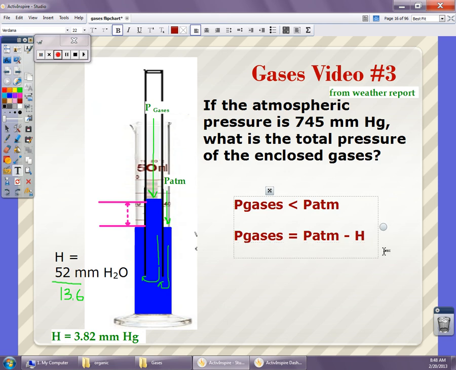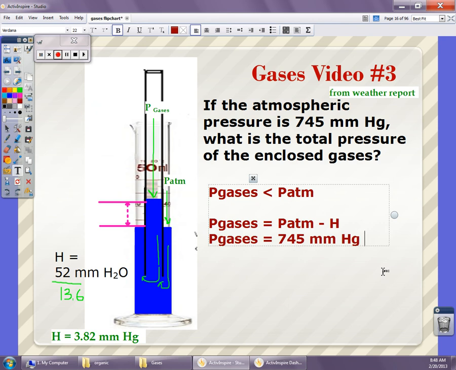So now we're going to plug in our values. Pressure of the gas equals the 745 millimeters of Hg, which we had from the atmosphere up above, minus the 3.82 millimeters Hg, which is our height correction factor.